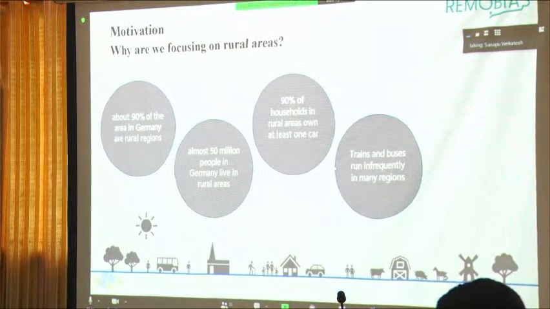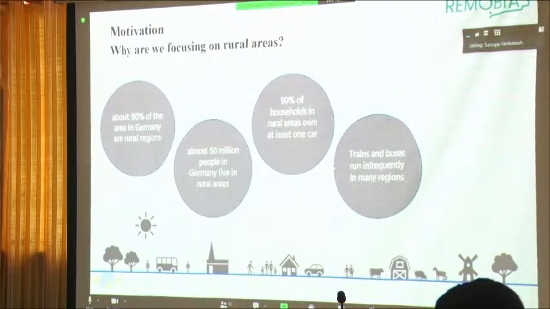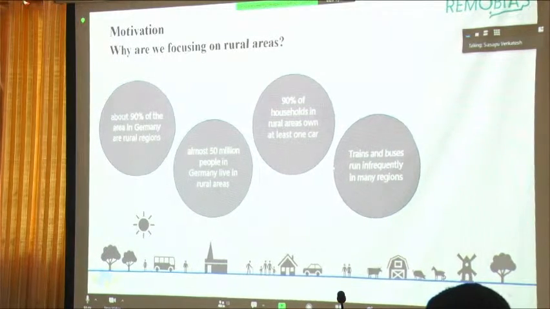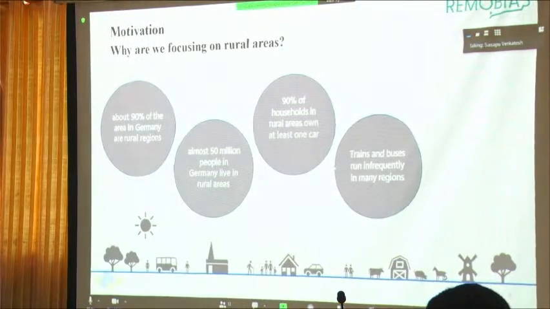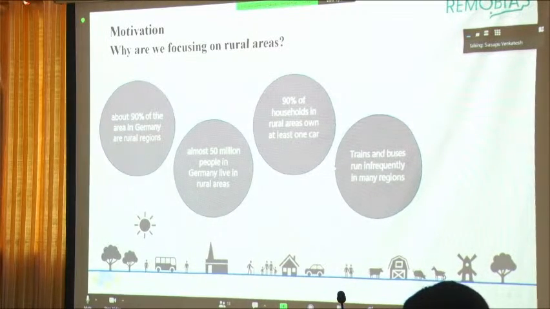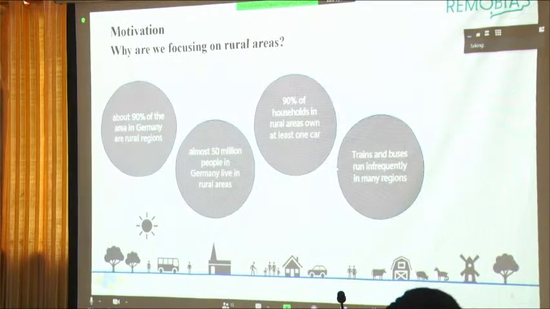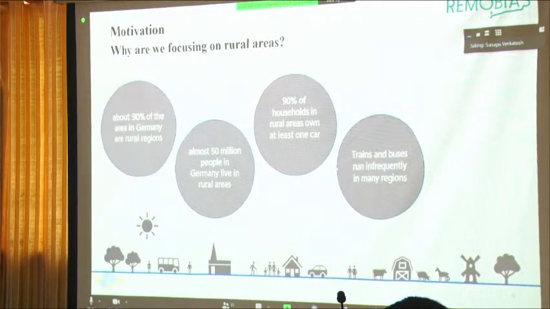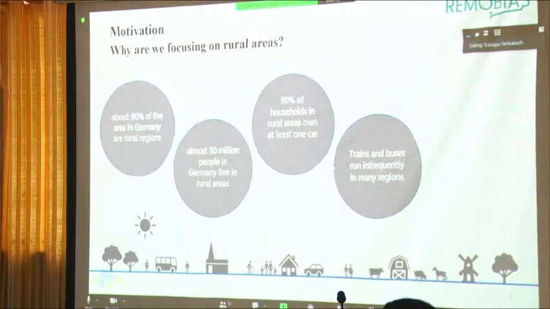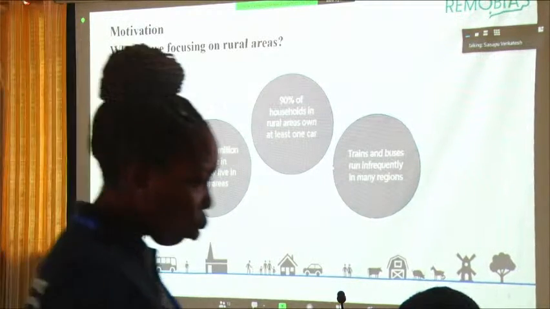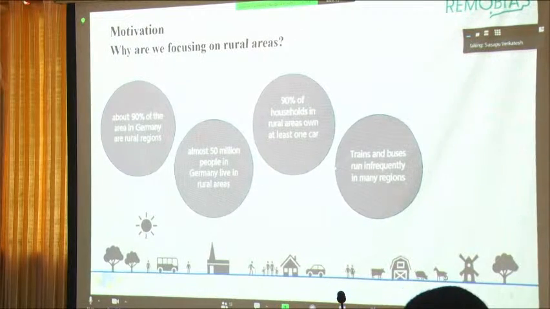You usually see in cities, even if you don't have your own car, you can go by bus or train connection. So considering old age people, they want to live in the villages anyhow, and we want to provide a better transport system for these people.